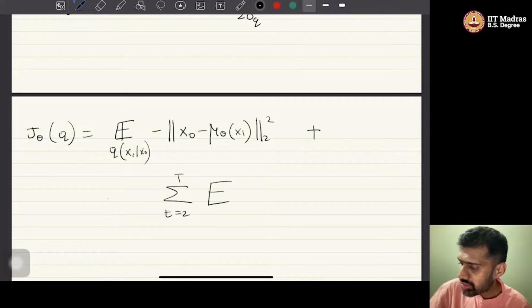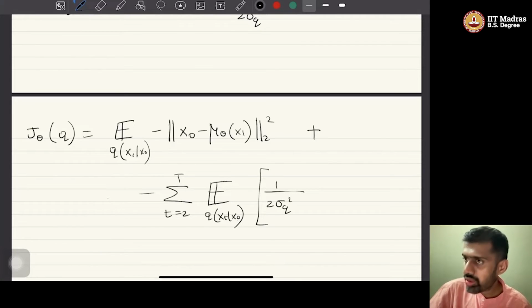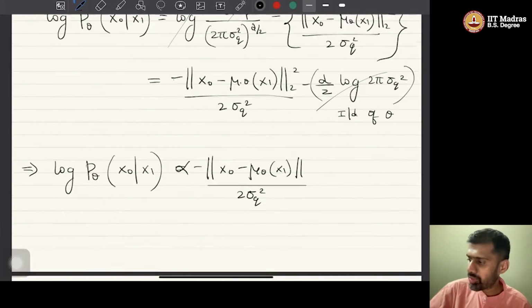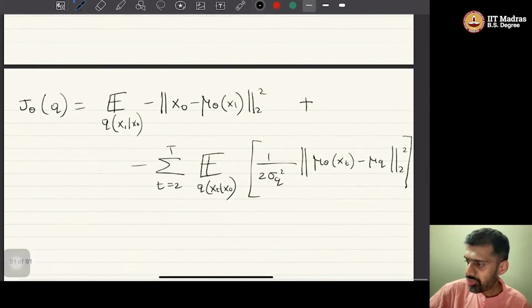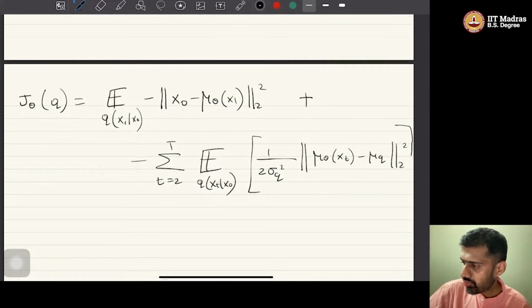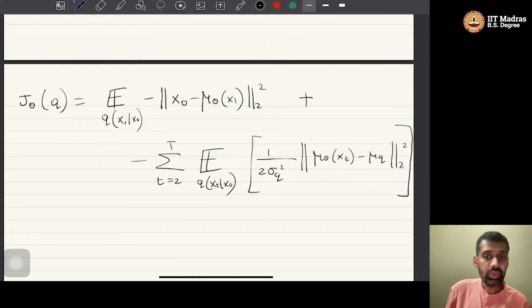This is with respect to q of xt given x naught. The term that we have here is 1 by 2 sigma q squared times mu theta of xt minus mu q, whole squared. So this is the final term that we would want to optimize. This is what we need to optimize.